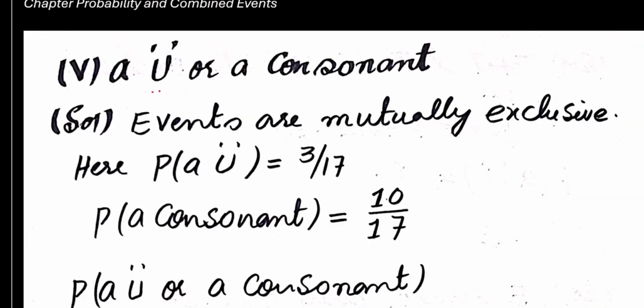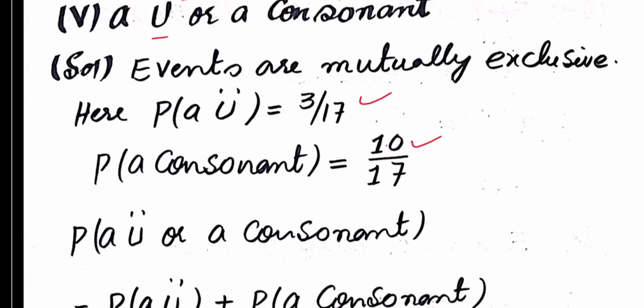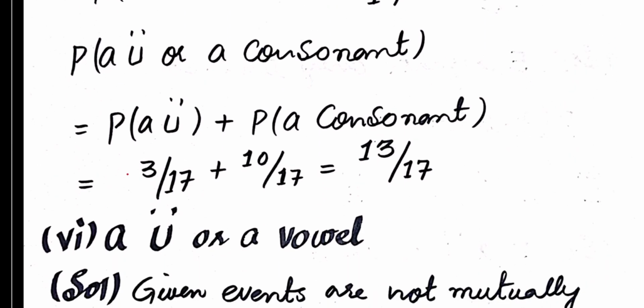Probability of a U or a consonant: events are mutually exclusive because U is a vowel and so this cannot be a consonant. So probability of U is 3 over 17, and probability of consonant is 10 over 17. Their sum is 3 over 17 plus 10 over 17, that is 13 over 17.